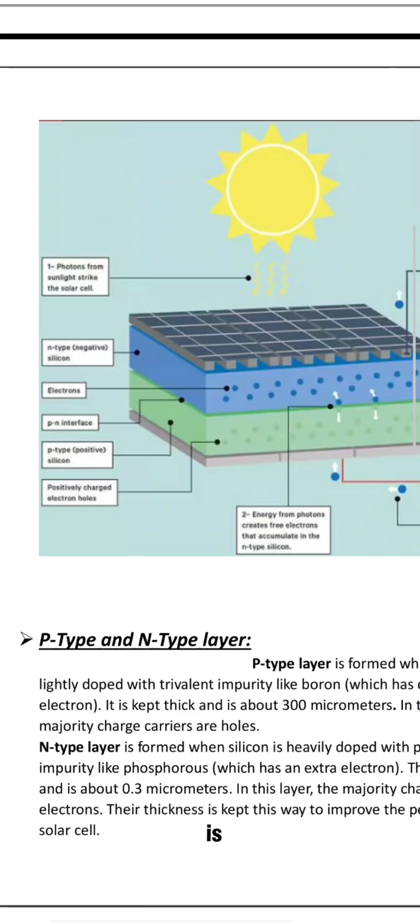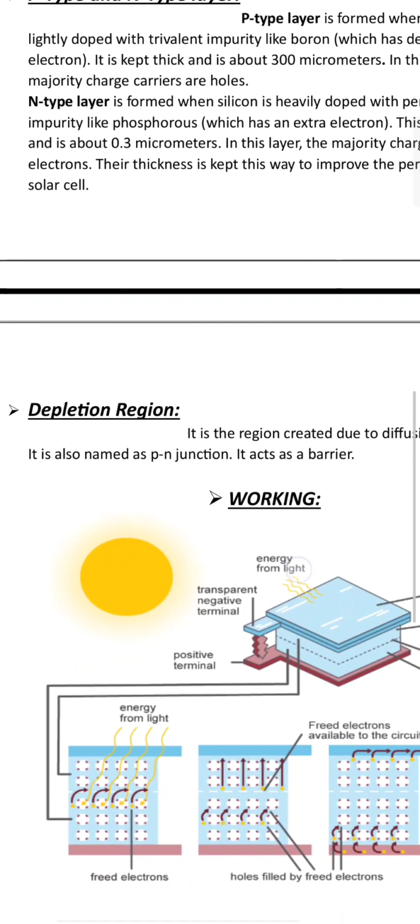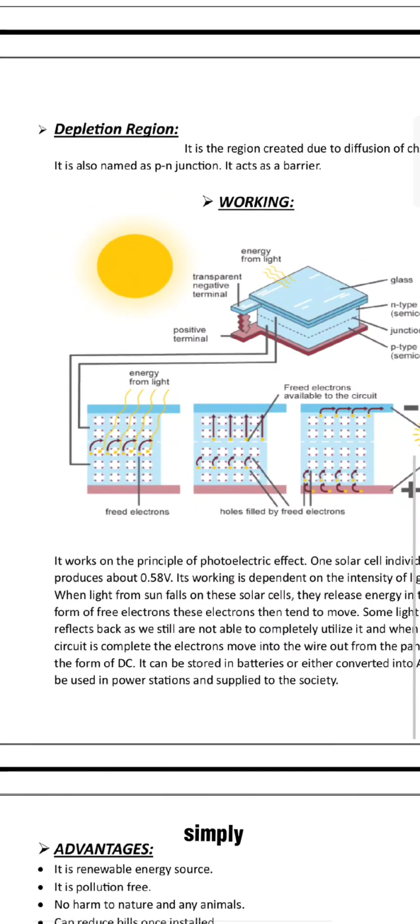This layer is slower when it comes to movement of electrons from one layer to another. It stops electrons from moving from the n-type layer to the p-type layer, and stops holes from moving from the p-type layer to the n-type layer. So it simply acts as a barrier.